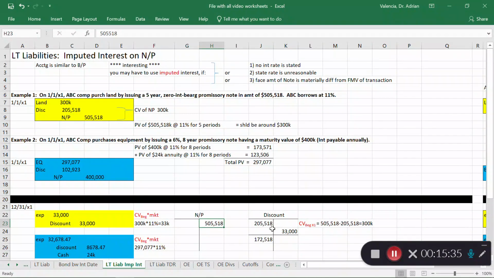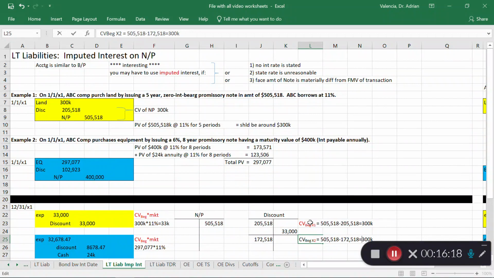So here's a statement I made earlier. As you recognize that interest expense, and listen to this carefully, the discount is going down. As the value of the discount goes down, from 205 to 172, the carrying value of the loan goes up. Because the carrying value in the next period is going to be 505 minus 172, 518.